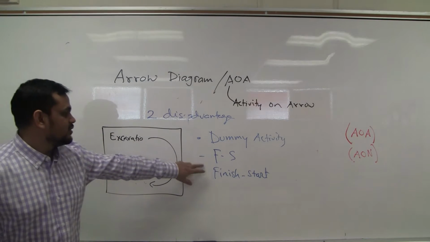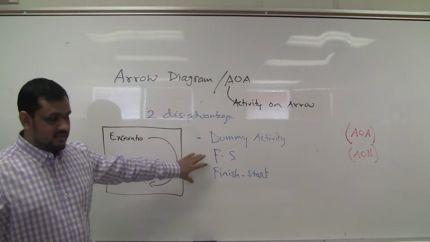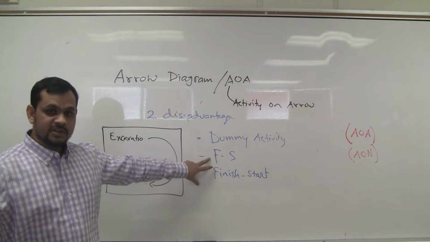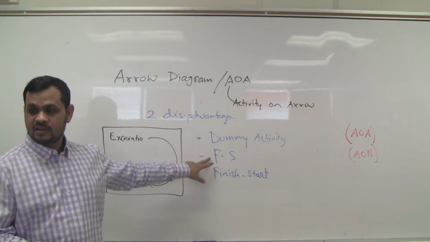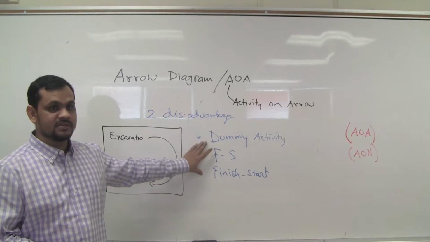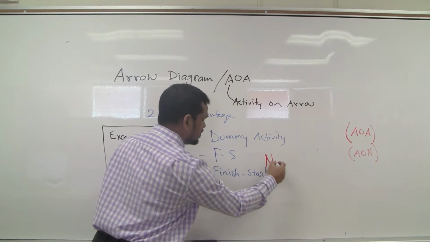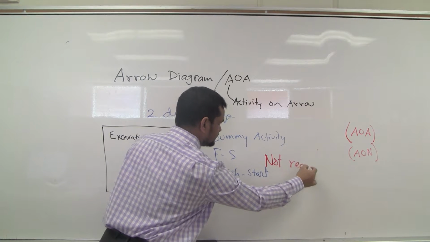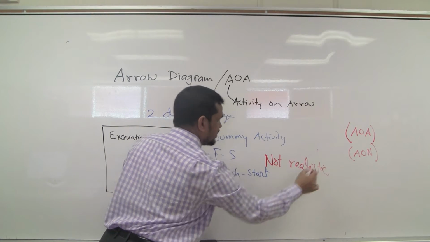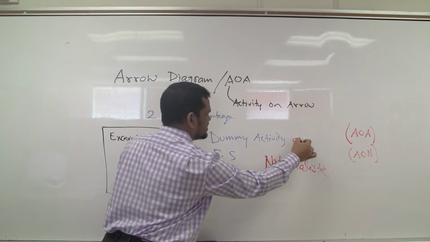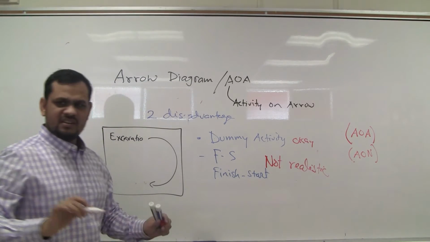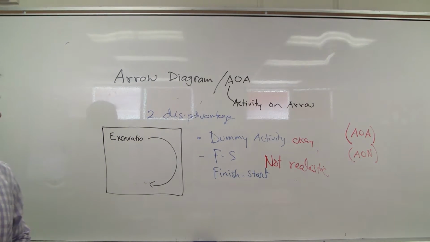So this one we cannot do here. In this system, one activity will finish, other one will start. That is a big disadvantage. So this is not realistic, yes? It is okay, I say okay, yes? Dummy activity is a problem, but not a major problem.